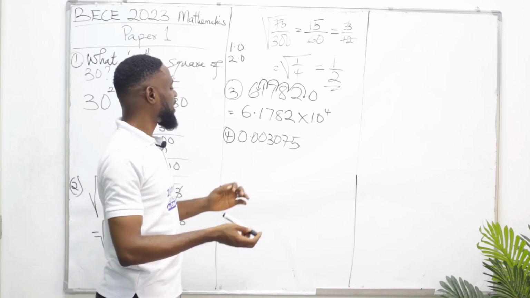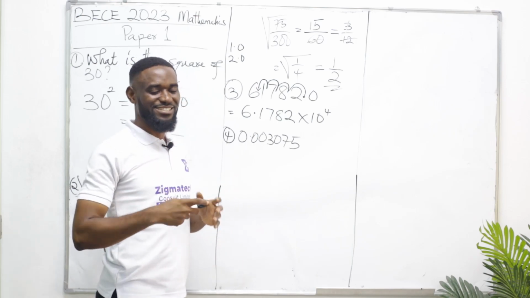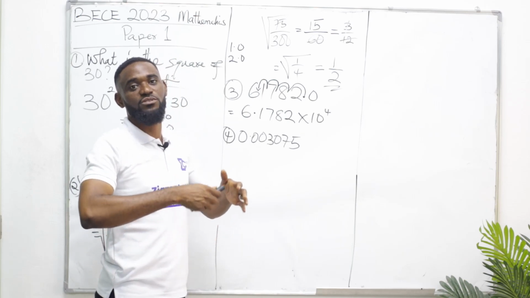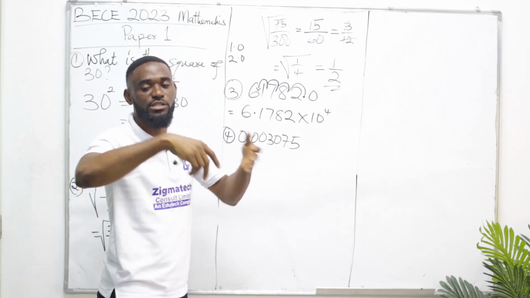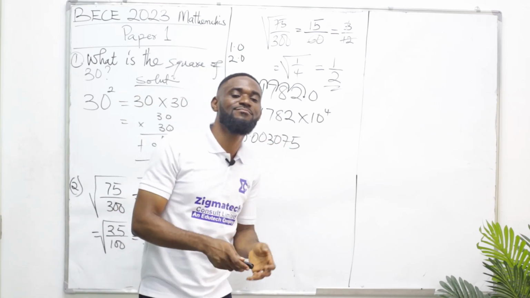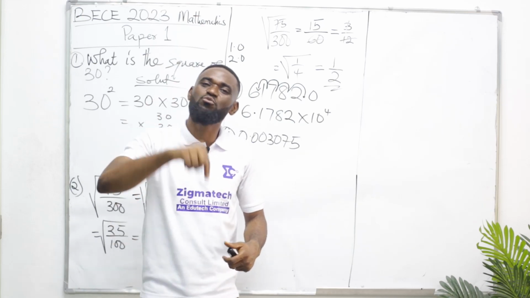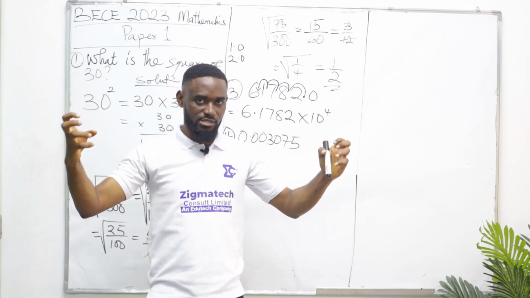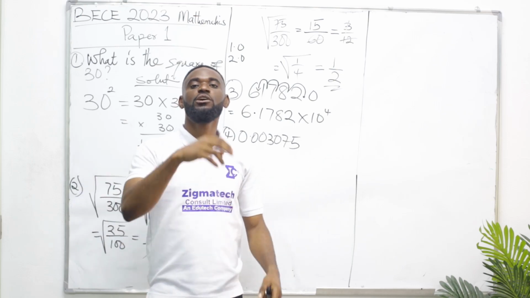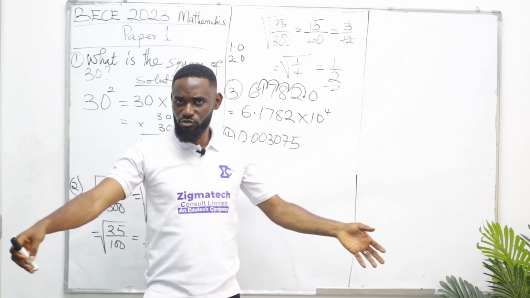All right, so we have said that 0 is not a significant number because it is almost valueless on its own, like 0 is nothing. But we said that the only time 0 becomes significant is if it is in between 2 significant numbers. Do you understand the point now? So significant numbers are numbers from 1 to 9.